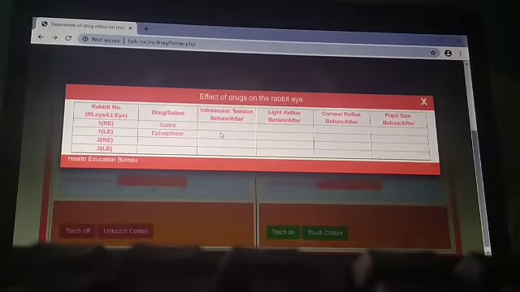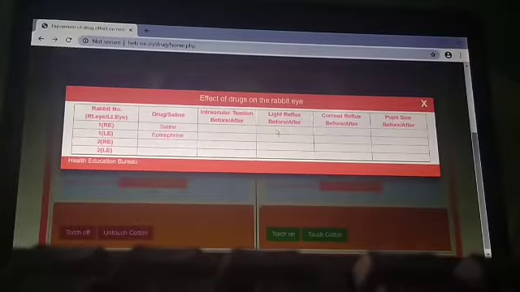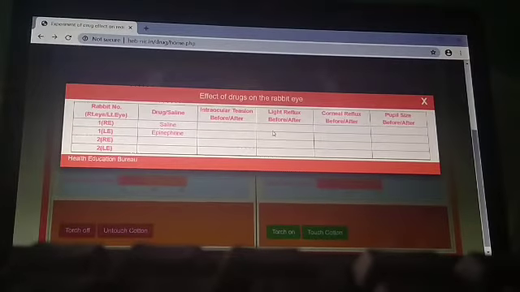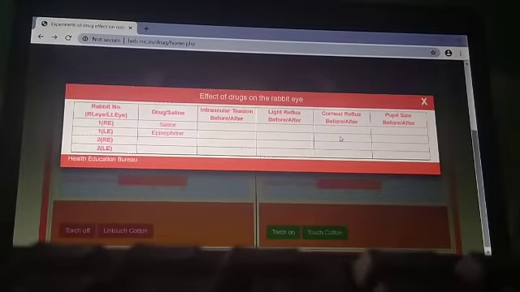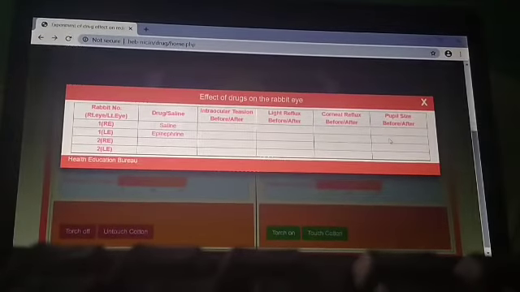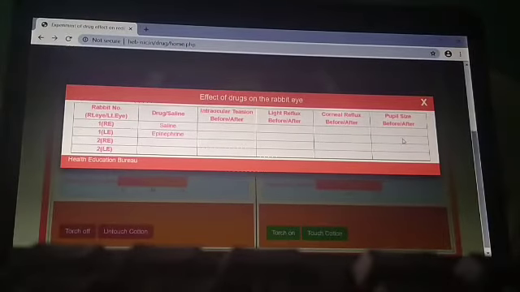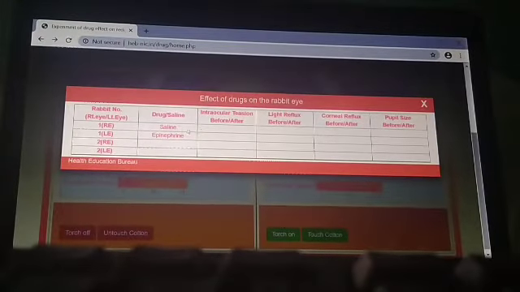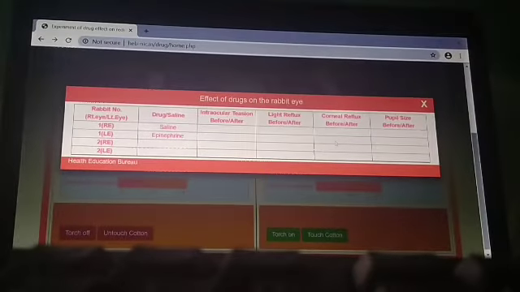So here we will put L. Then for light reflex also it was yes, corneal reflex also it was there, pupil size has been increased, before it was normal, now it is increased after.